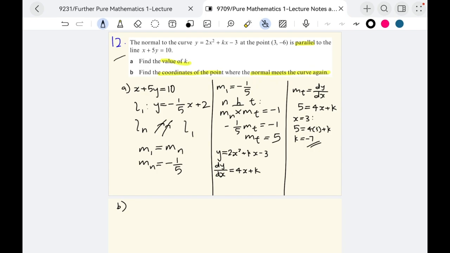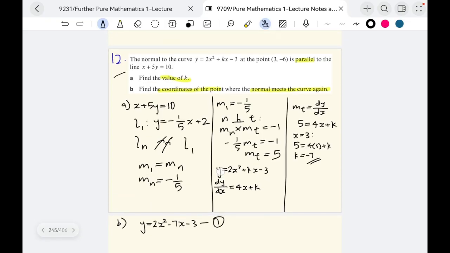So what is the equation of the curve over here? The k you obtained is -7, which means you have to rewrite the equation of the curve as y equals 2x squared minus 7x minus 3 as your first equation.